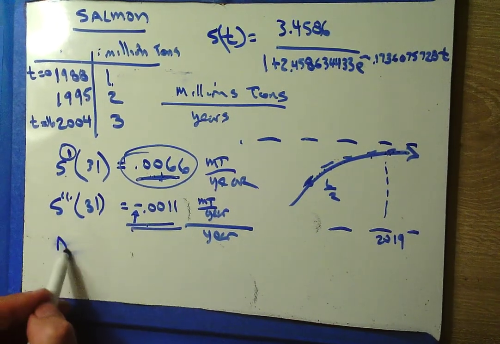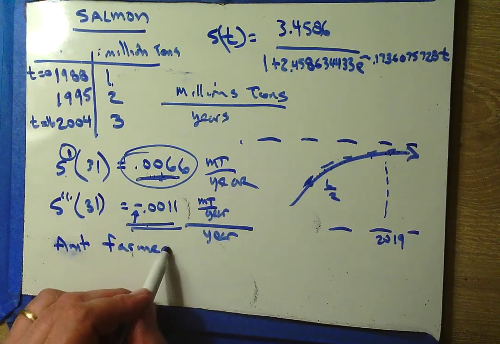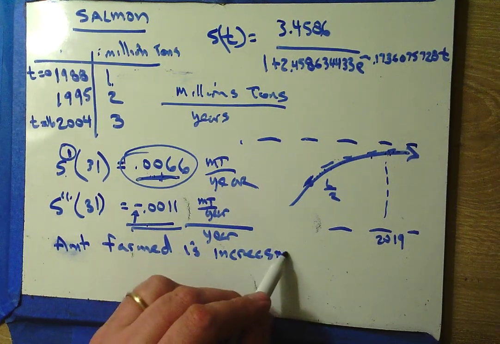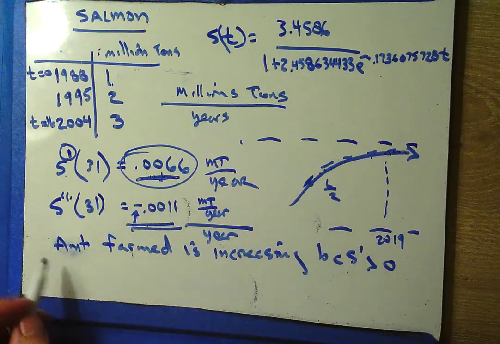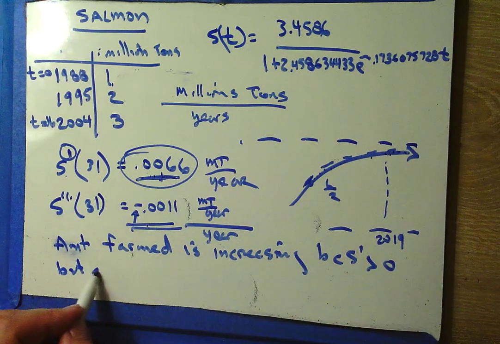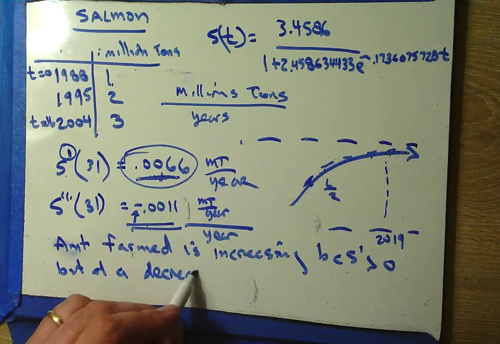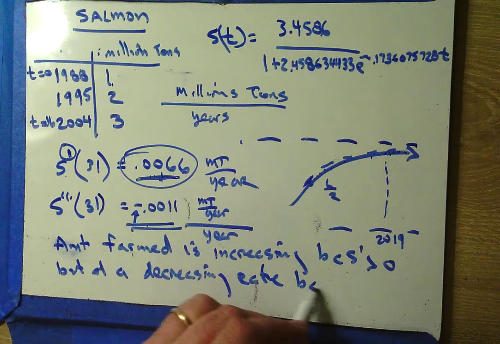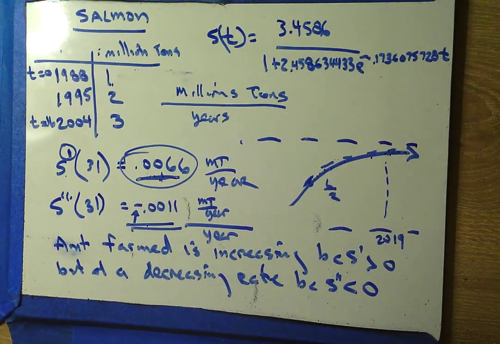Amount farmed is increasing because S prime is greater than 0, but at a decreasing rate because S double prime is less than 0. Okay, there's our first question.